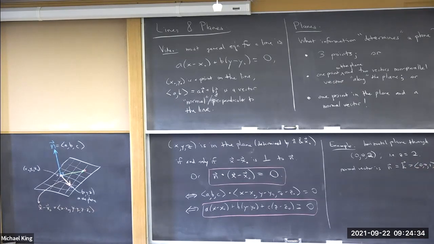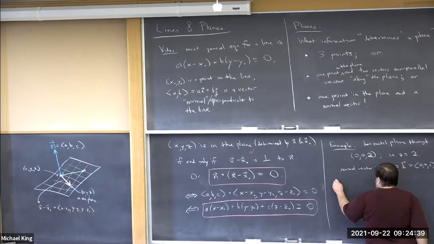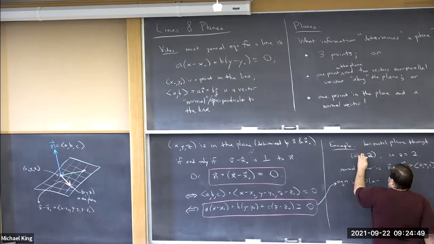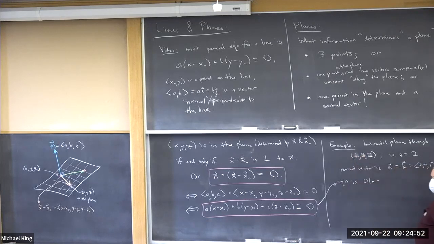The angle bracket notation. And so the equation, just to check that it matches what we expect, maybe I'll use the point 1, 3, 2, because it didn't matter what x and y were, as long as z is 2. So 0 times x minus 1 plus 0 times y minus 3 plus 1 times z minus 2 equals 0. And is that the same thing as z equals 2?